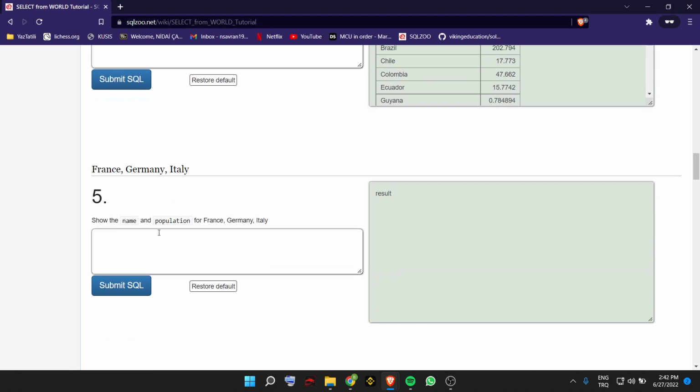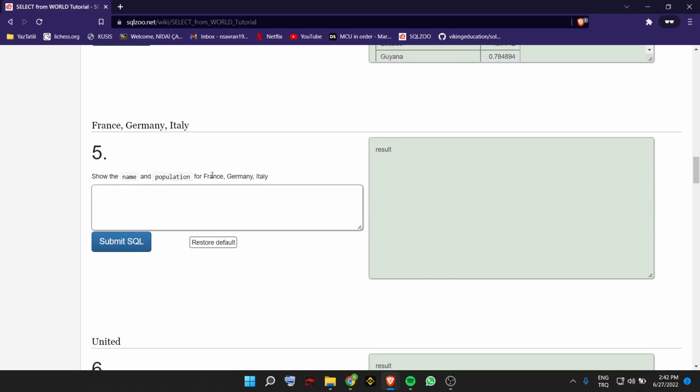Yes. In the fifth question, show the name and the population for France, Germany, or Italy. We will select name and population from world, where name IN, we use IN for this, and we have France, Germany, or Italy.